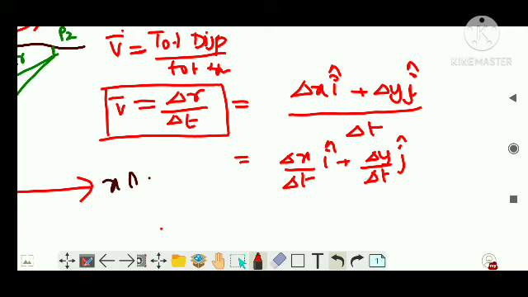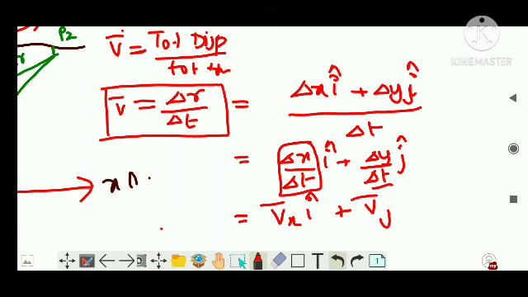Now what do you mean by change in position in x direction by time? That is average velocity in x direction, plus average velocity in y direction with respect to j. Clear?